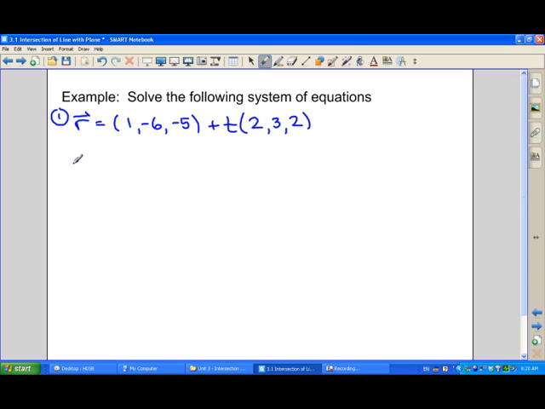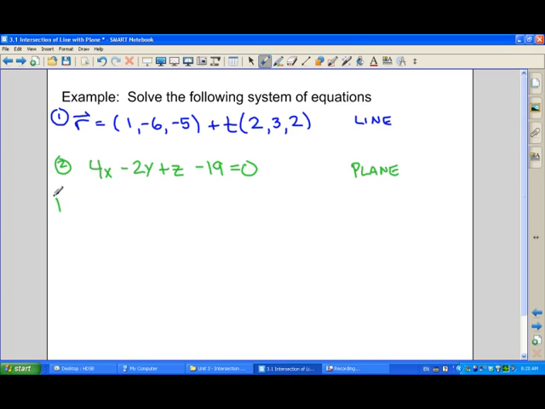And I want to see how this line interacts with the plane 4x minus 2y plus z minus 19 equals 0. So we have a line, and we want to see how it interacts with the plane.